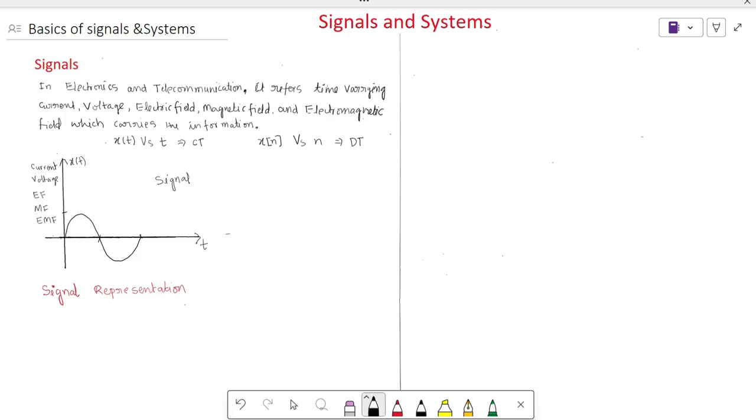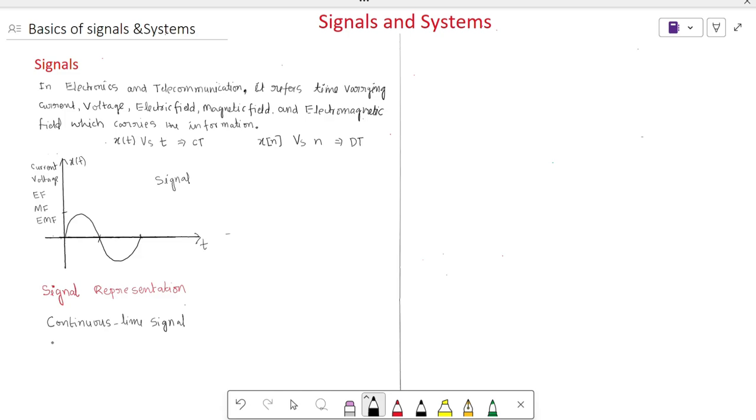Here the signal can be represented in primarily two ways. One is the continuous time signal.